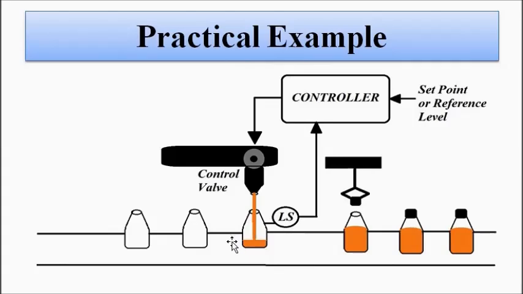Now you may have noticed that in all the packaged drinks, the liquid or the beverage is always filled to the same level. All the bottles in a particular stack or crate are filled to the same level, identical. So how does that happen?